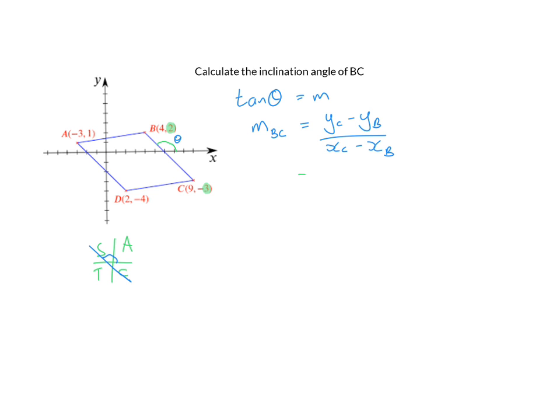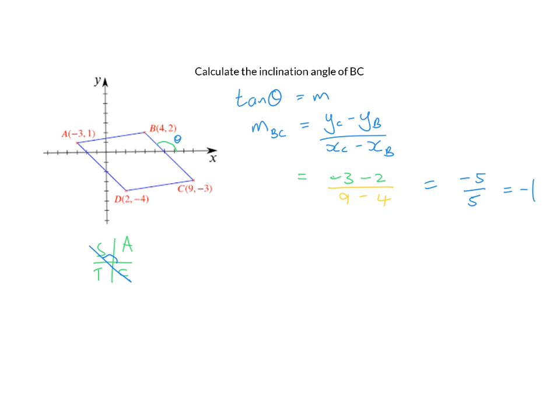So for our Y values, we have minus 3 minus 2 over 9 minus 4. This gives us minus 5 over 5, which is minus 1. And this makes sense because we know that we have a negative gradient here for this line.